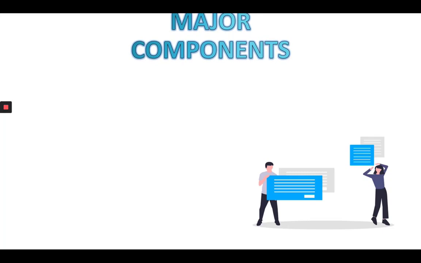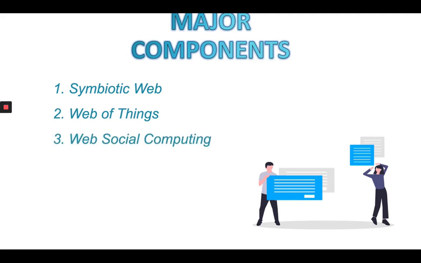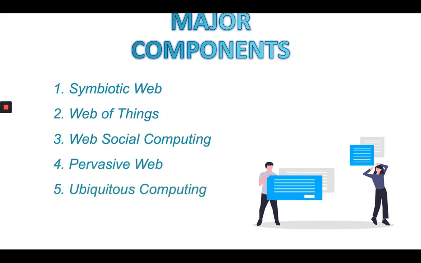Here we have five major components forming the basis of Web 4.0. First we have the symbiotic web of things, social computing web, pervasive webs, and finally the ubiquitous computing.